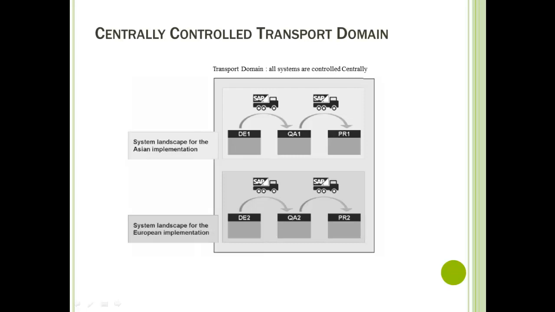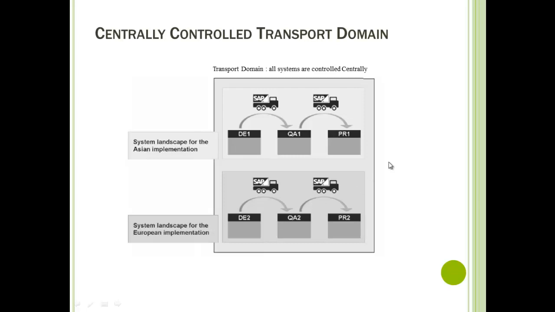Moreover, we can also transport the changes which are not part of this directory, meaning not part of this domain. Meaning you have a different system, you have a TR coming from a different system, but that system is somewhere else.